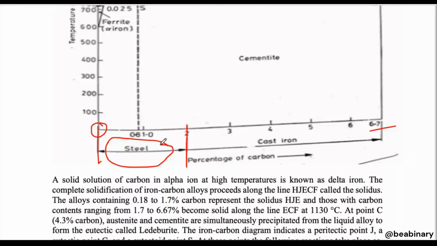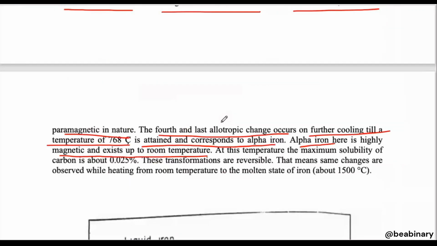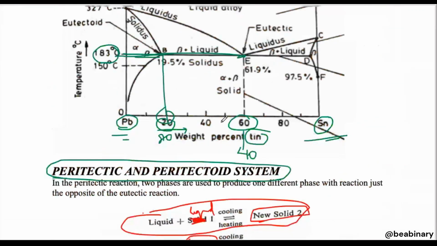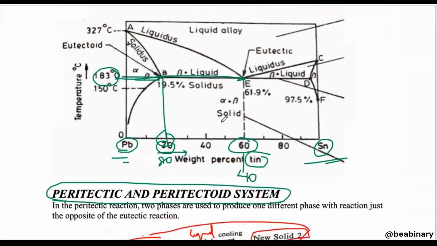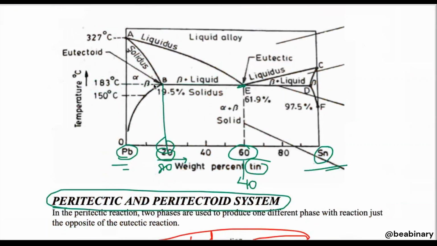So as you can see here, the temperature is the same, 183 degrees C, for Pb and Sn, lead and tin. This is the alloy.